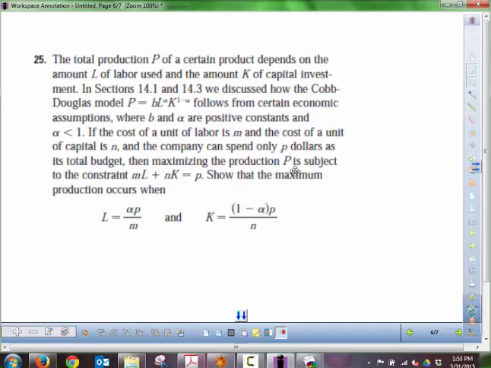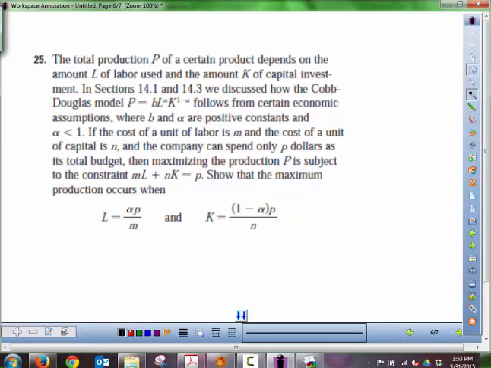Trying to maximize the production subject to the constraint that's equal to this. So this is your production. This is like your F function. That's a function of B and alpha.